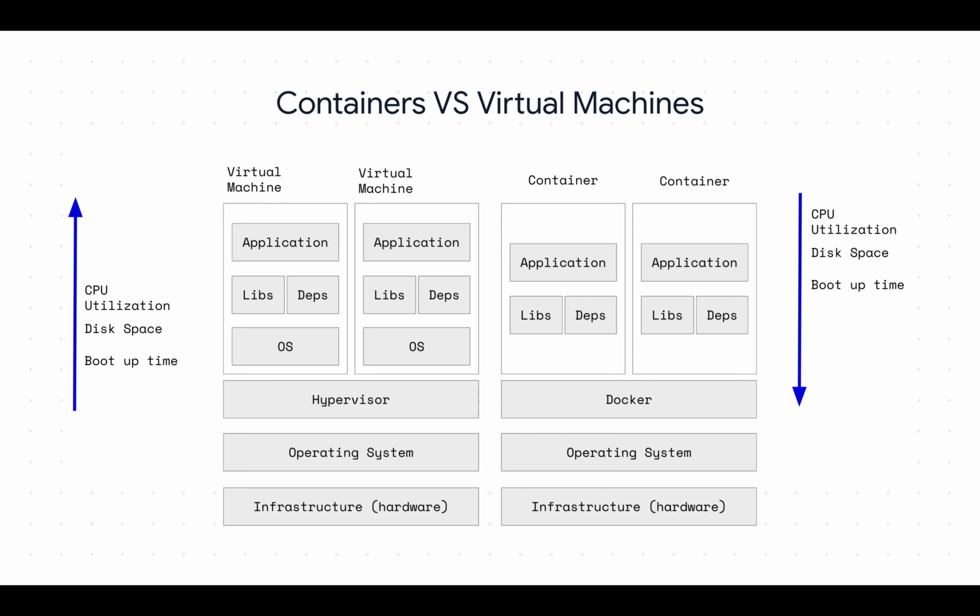Let's do a little bit of comparison between a container and an ideal virtual machine. So when you look at this diagram, you will notice that for a virtual machine, you have increased CPU utilization, you have increased disk space, increased boot time.